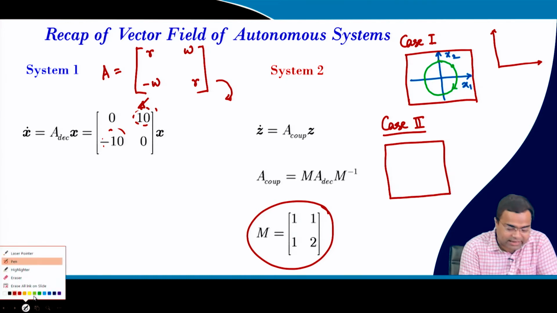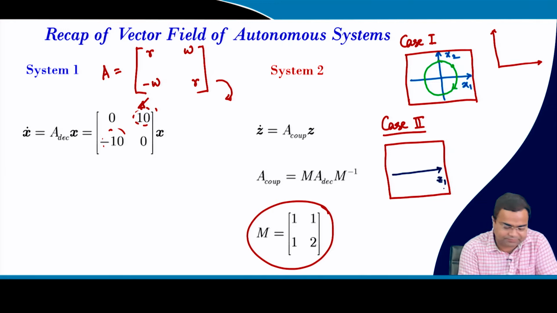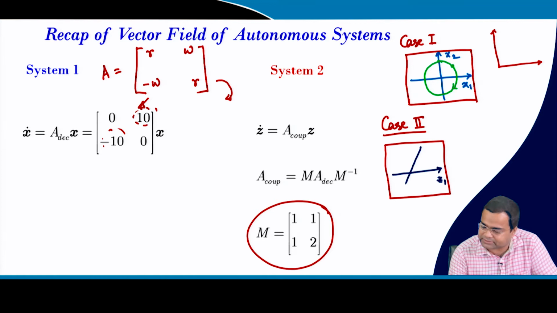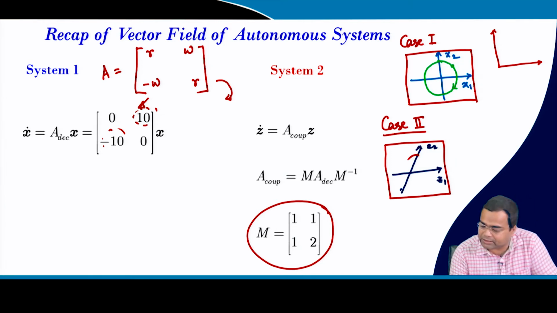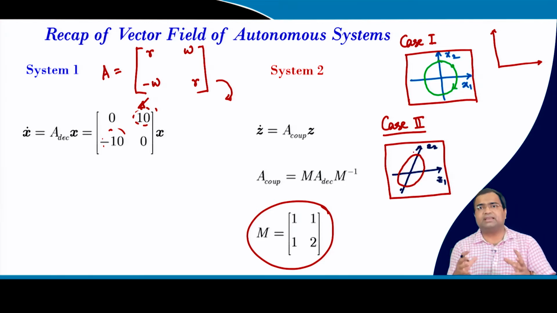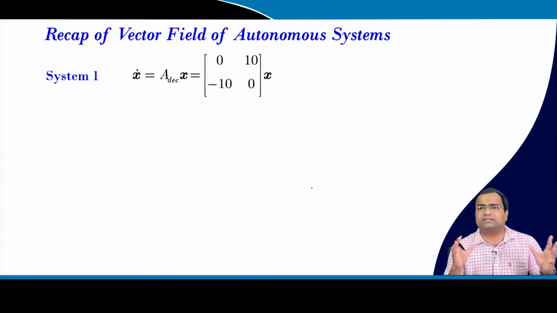One axis will be this z1 axis, and the other axis will be like a z2 axis, and the shape may look like an elliptical shape. We are going to see how the shape looks when we multiply with this kind of matrix. So, we have to recapitulate this vector field.